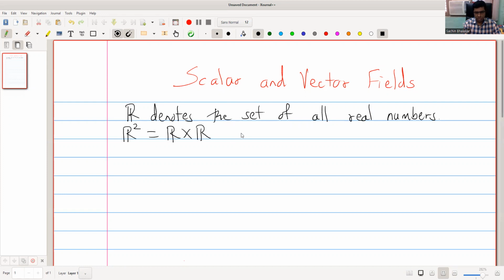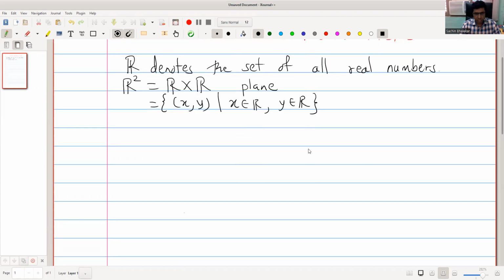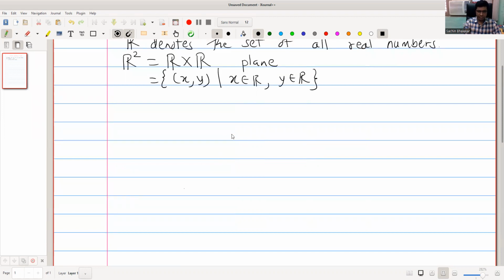It is also a plane. This contains all the ordered pairs of the form (x, y) such that x and y both are real numbers. So this is nothing but our usual xy plane.